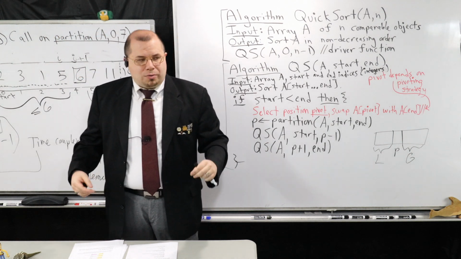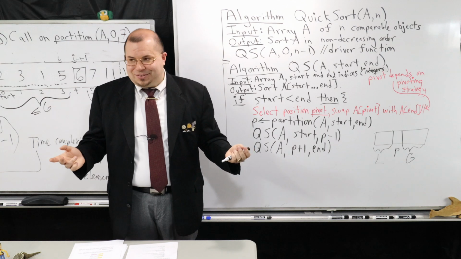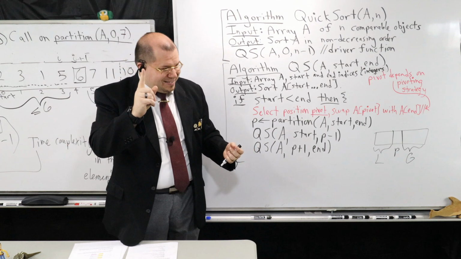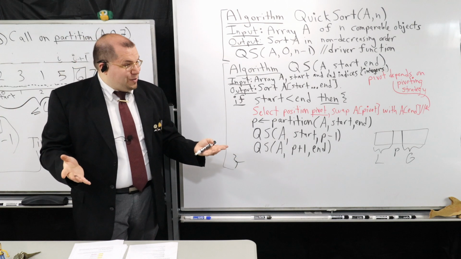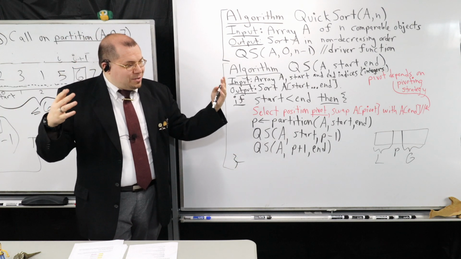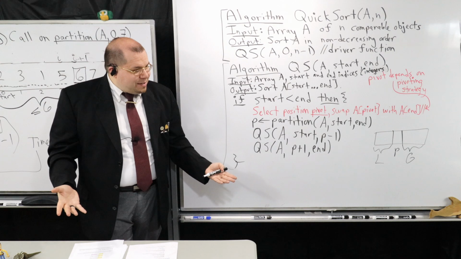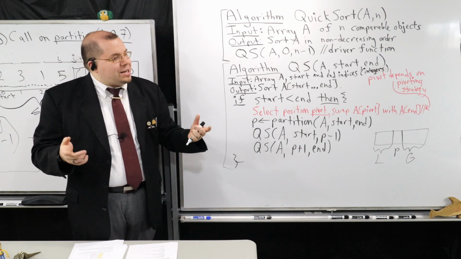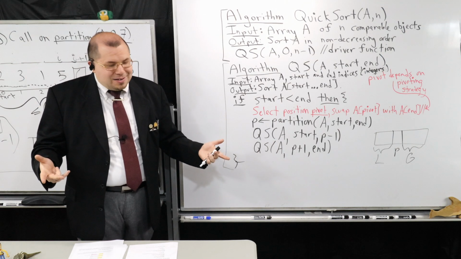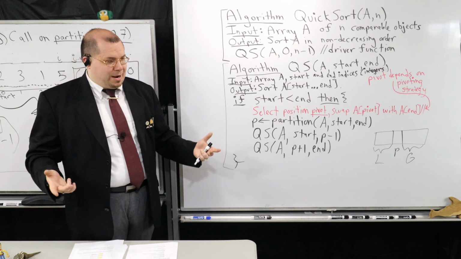So I don't actually create multiple copies of arrays. They're all just one array. So this is actually really a nice feature of quicksort. But remember, it still uses recursion, which means that it's still going to perform these recursive calls. It's just now I'm going to be carrying around a pointer to an array, as opposed to making copies of arrays.